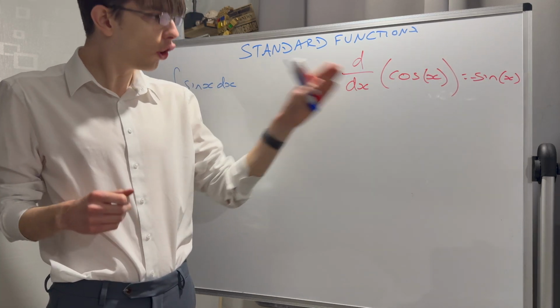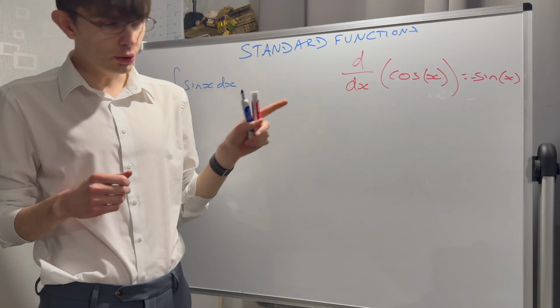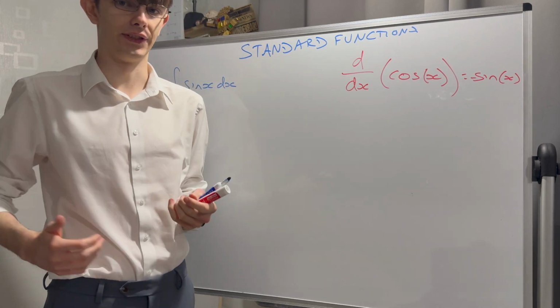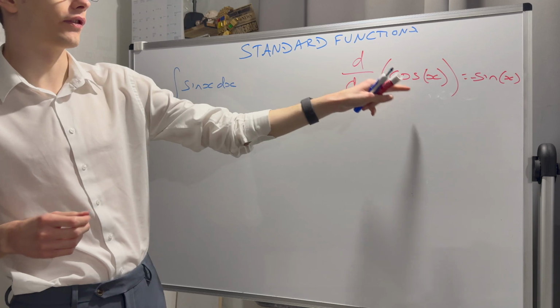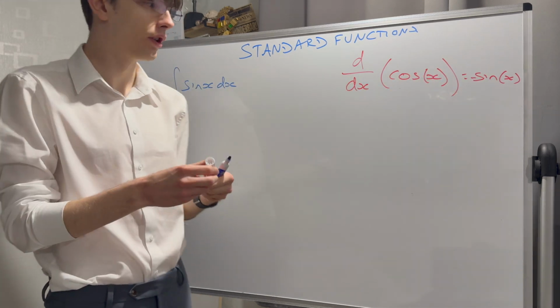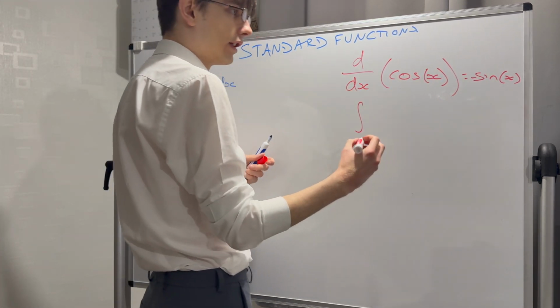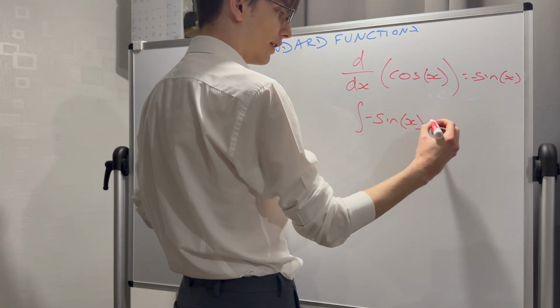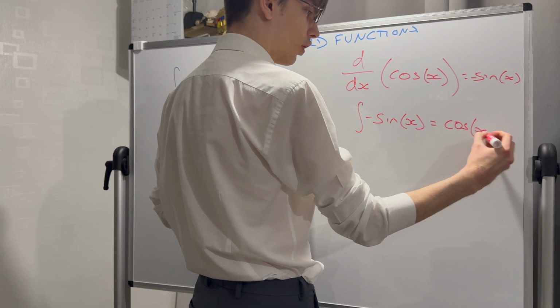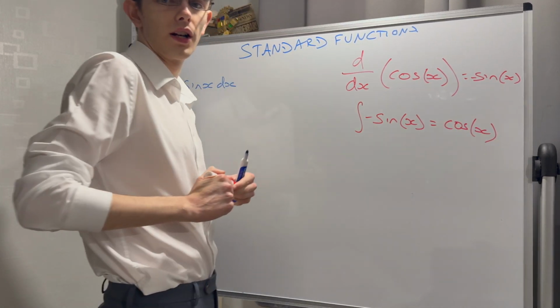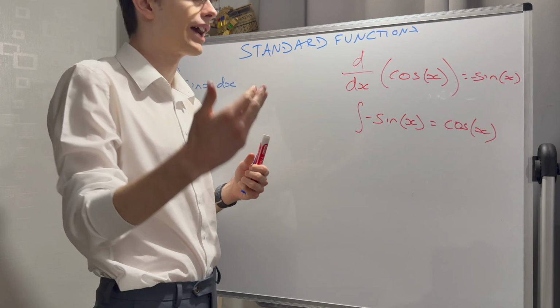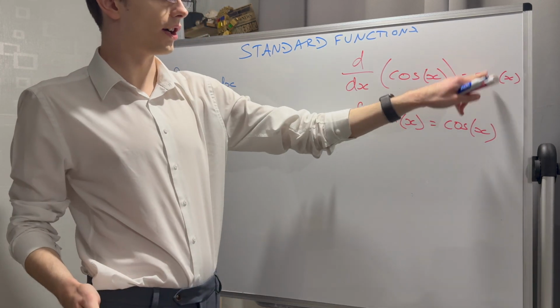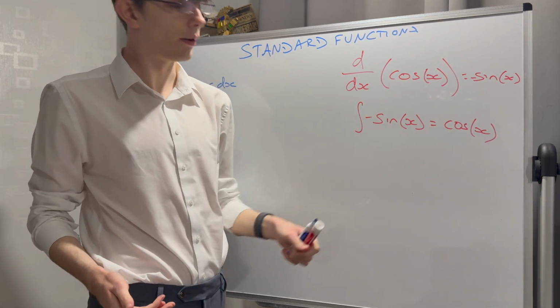And because you know this, you can work backwards. Because we know the derivative of cos is minus sine, then just by definition, we must know that the integral of minus sine is cos. Because that's how integration works. It's differentiation, but backwards. If I take the answer and I integrate it, I will end up with the start.